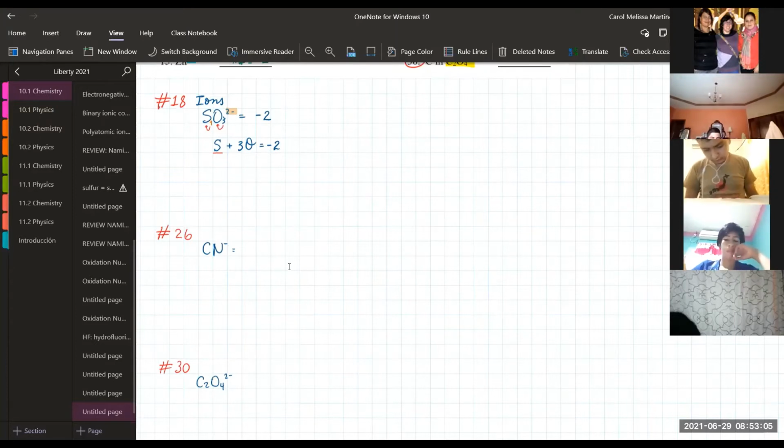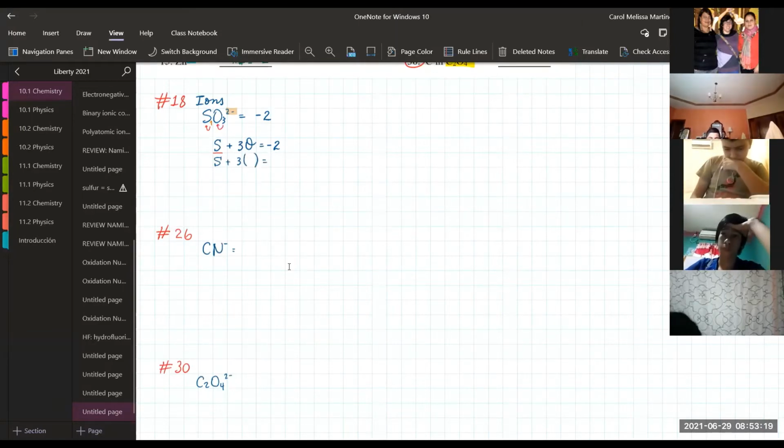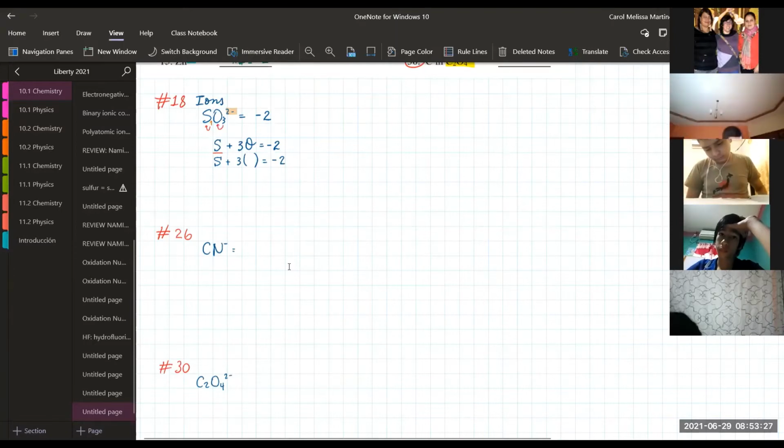Now, what does the rule say about the oxidation number for oxygen? What is the charge of oxygen?